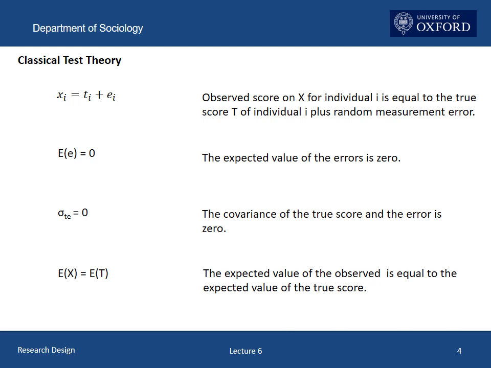Together, these assumptions imply that the expected value of the observed score is equal to the expected value of the true score. Given our assumptions, this is in no way surprising, but if we are confident that our assumptions approximate the facts of whatever we happen to be investigating, it does imply that measurement error per se is not necessarily a barrier to learning something from the data.